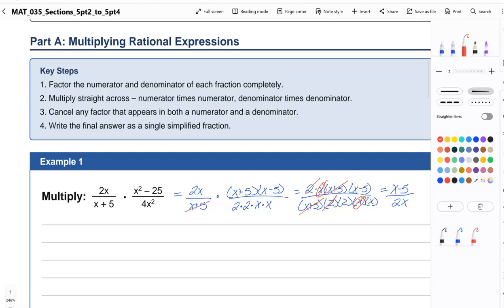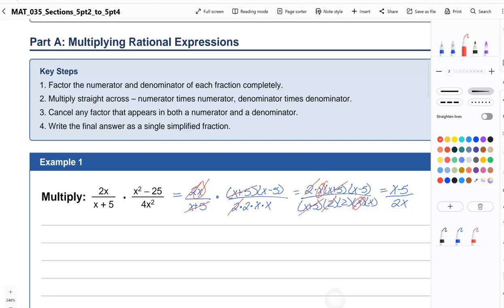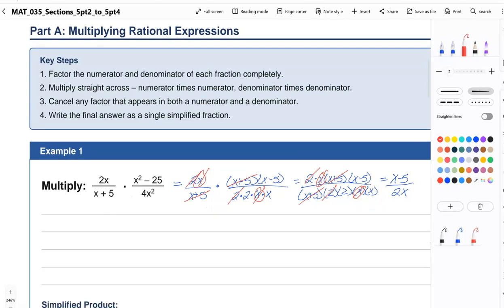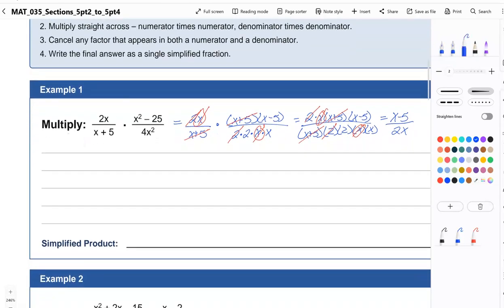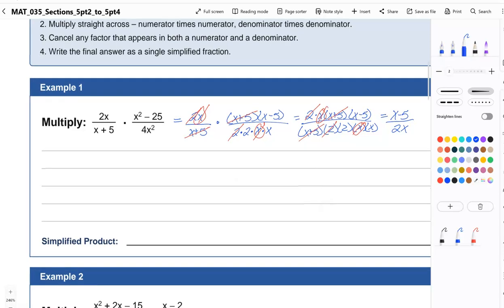We could have said this x plus 5 cancels with this x plus 5. This 2 reduces with this 2. And I can reduce an x. So you can see how the top we're going to be left with x minus 5, and the bottom we're going to be left with 2x. So we could think about it either way. I'm going to do it in that previous step from here on out. So I had x minus 5 over 2x.